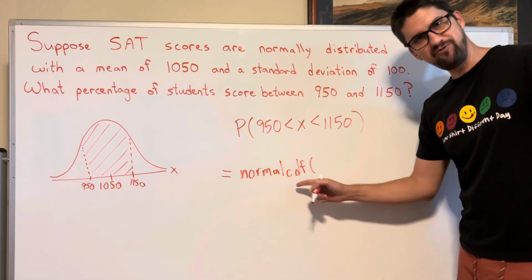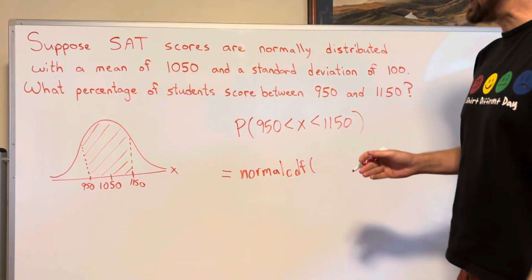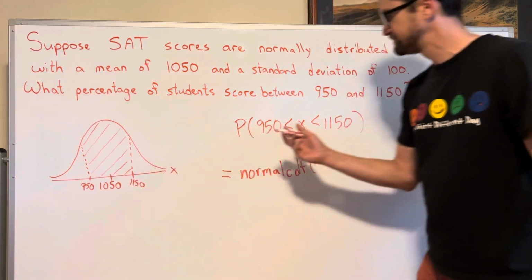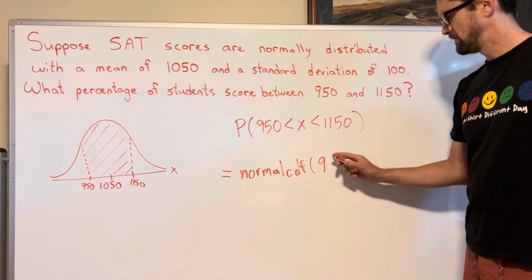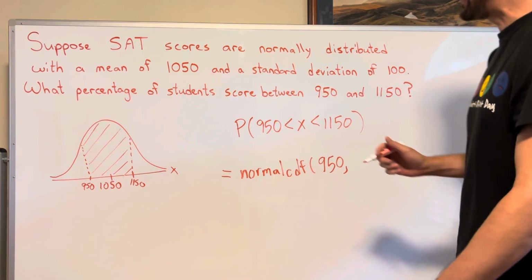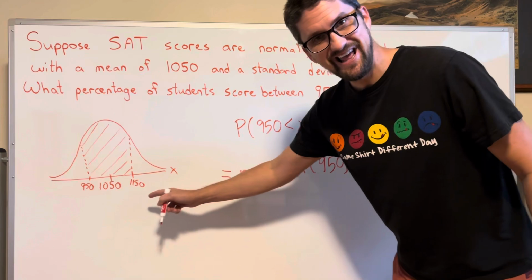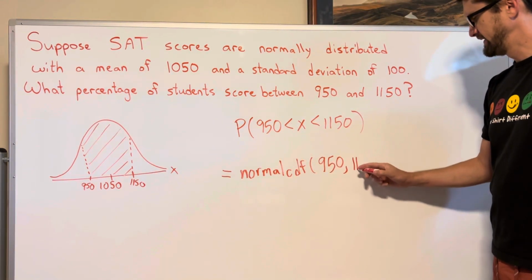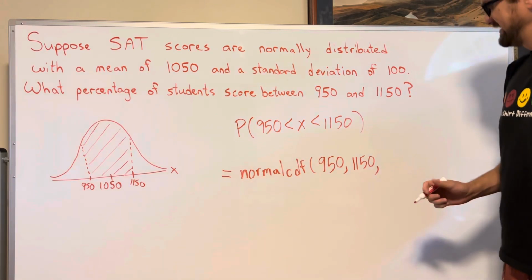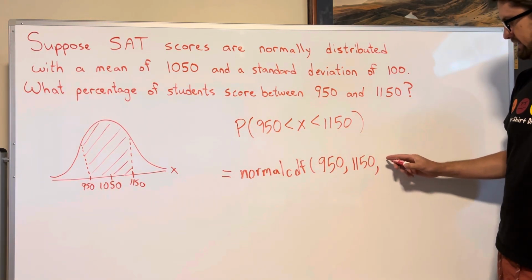Now you gotta tell it 4 things. You gotta tell it the lower bound, which is 950. You're gonna tell it the upper bound, which is 1150. Then you want to tell it the mean, 1050.